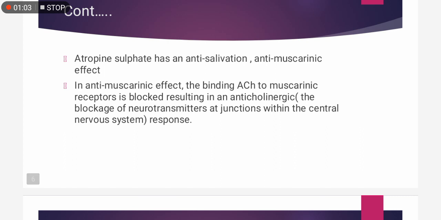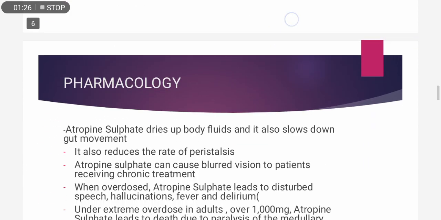Also, atropine sulfate has an anti-salivation and anti-muscarinic effect. In the anti-muscarinic effect, the binding to ACH2 muscarinic receptors is blocked, resulting in an anticholinergic effect, that is, the blockage of neurotransmitters at junctions within the central nervous system response.